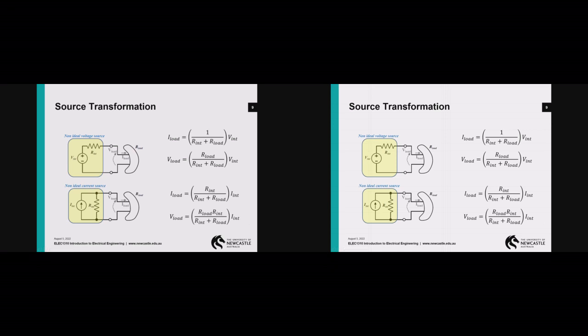So if the internal voltage happened to be equal to the internal current multiplied by this internal resistance, those two sets of equations are identical because that V internal replaces the R internal times I internal.